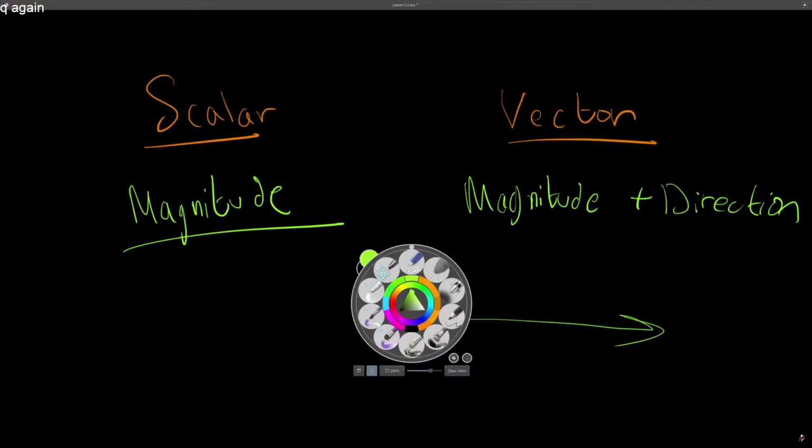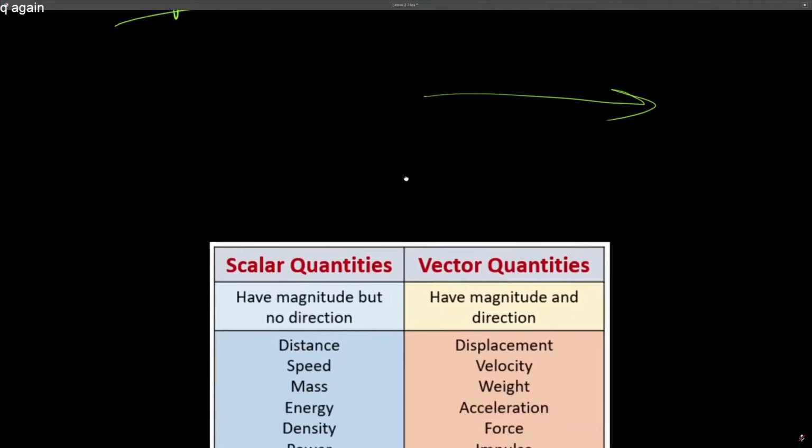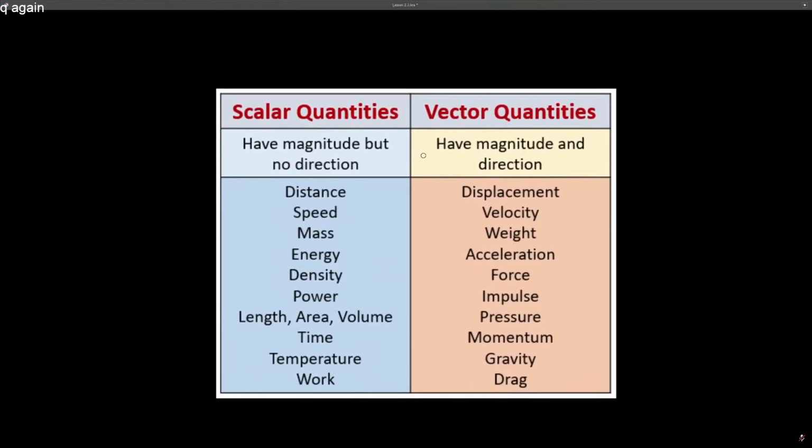Now, a few important and relevant examples of scalar quantities and vector quantities are distance and displacement, speed and velocity, mass and weight, which we don't need, acceleration, which we do, energy, density, power. We're not going to cover anything else.